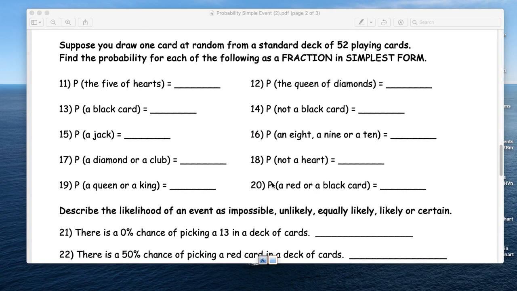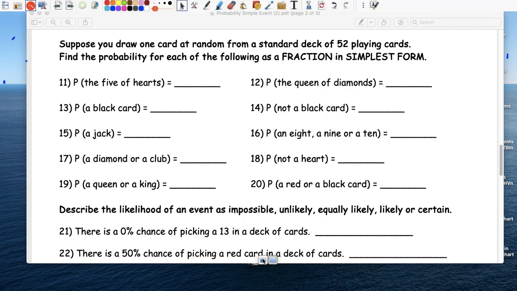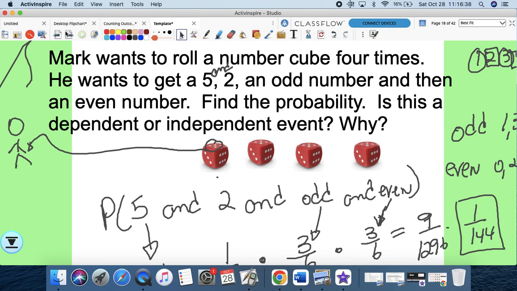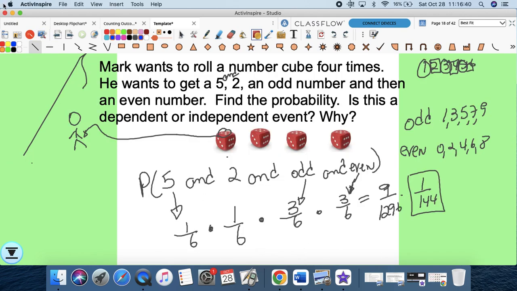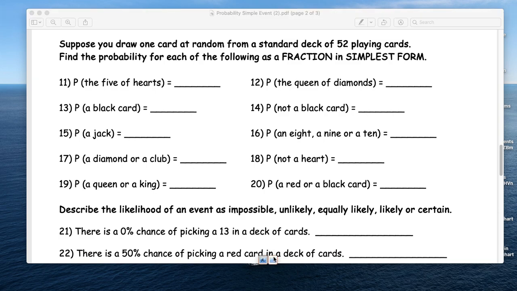Alright, so not bad. Now, a deck of cards again, so you're going to have to remember, hang on a second, let me see if I can bring the other screen. That's the problem with these types of questions.